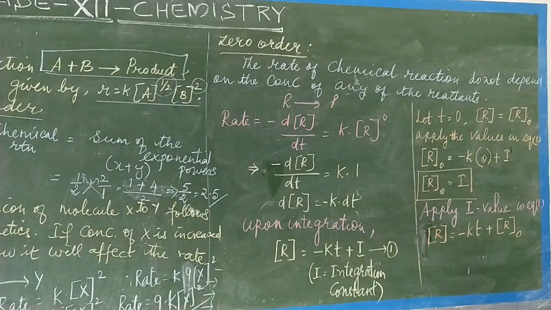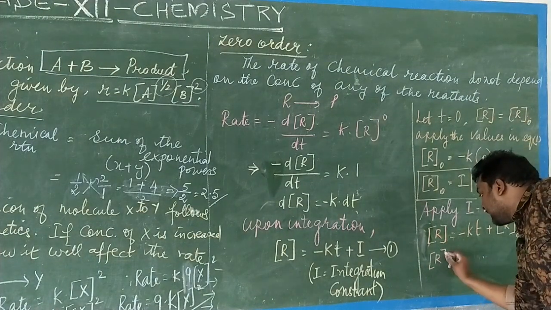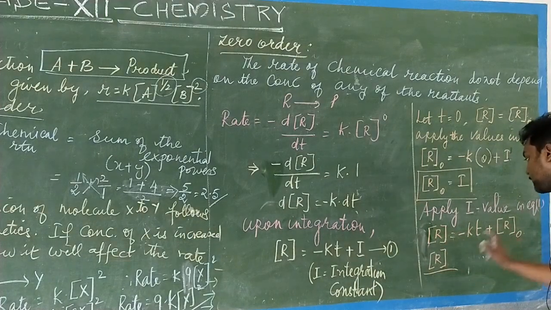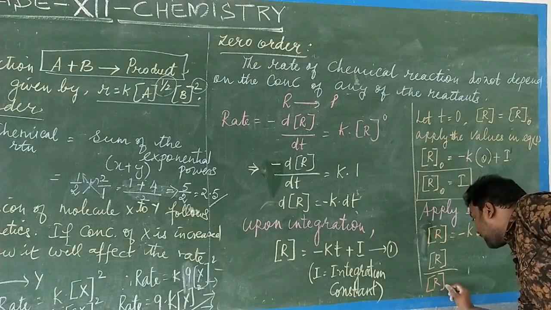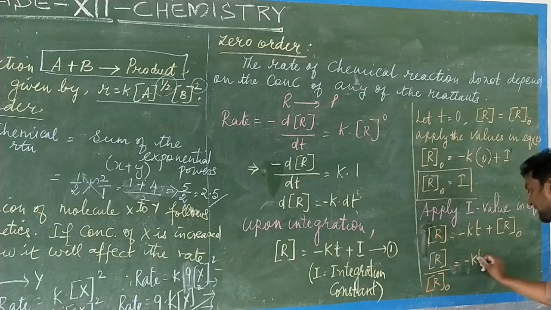Next, we can expand this and write it like this, bringing all concentration terms to one side: concentration of R minus concentration of R naught equals minus Kt.